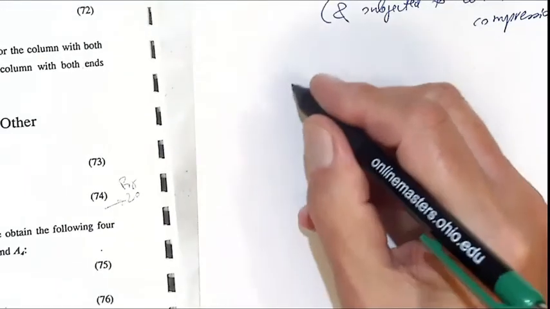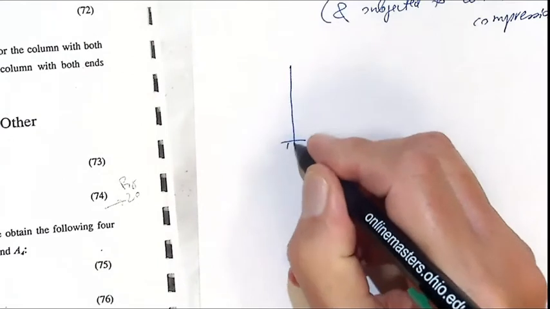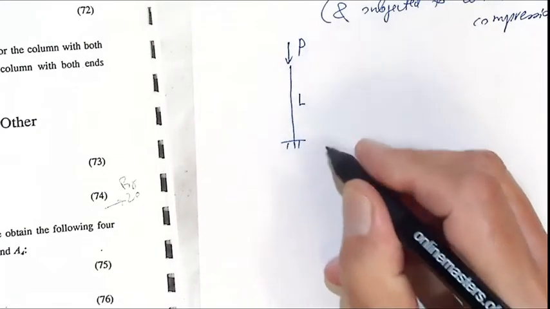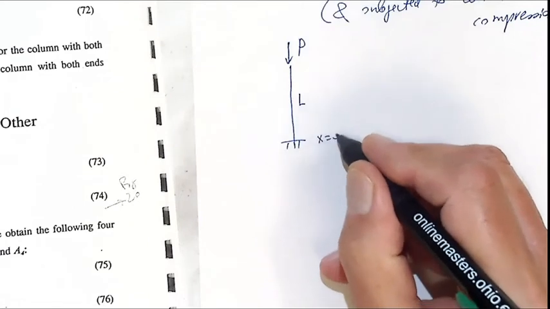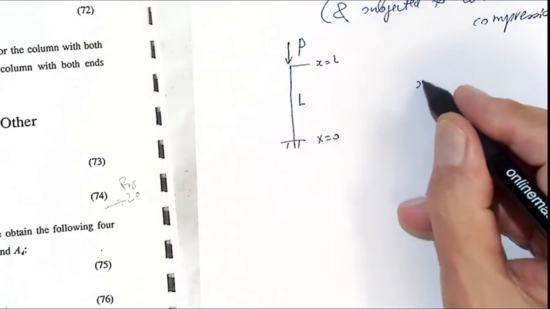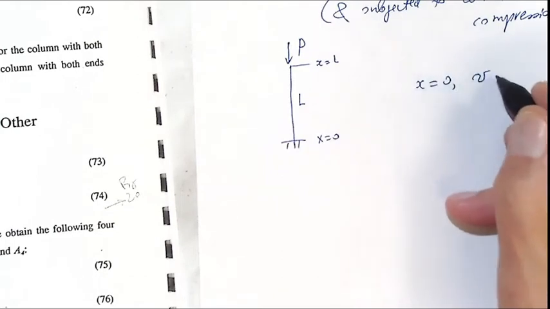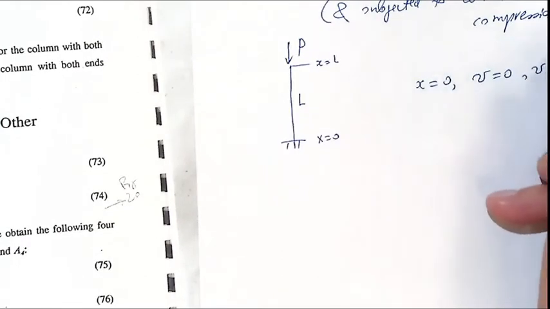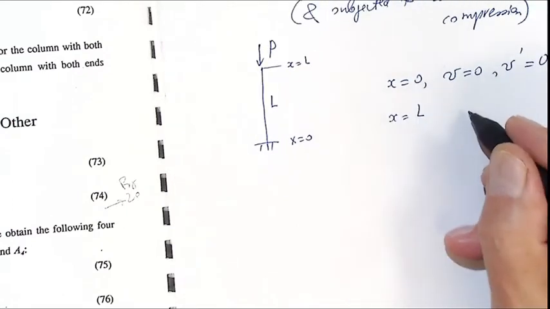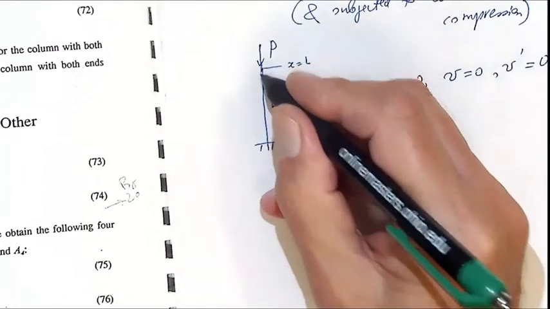So I will depict again this beam, this column. That is L, so x equals 0. Here x equals L. So at x equals 0, we have V equals 0 and V prime equals 0. At x equals L, bending moment, of course, is 0.